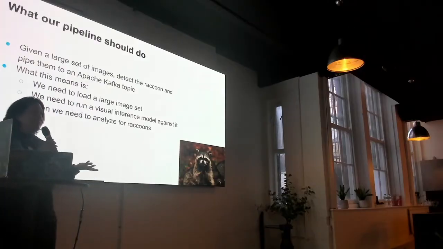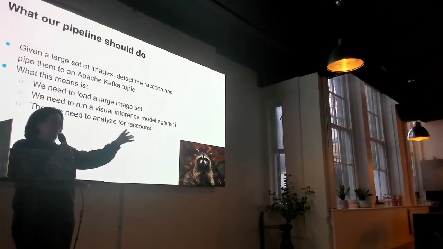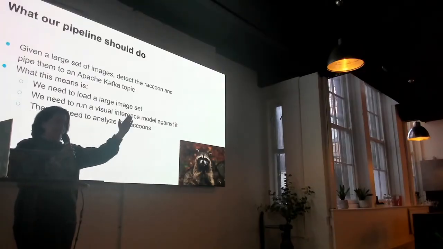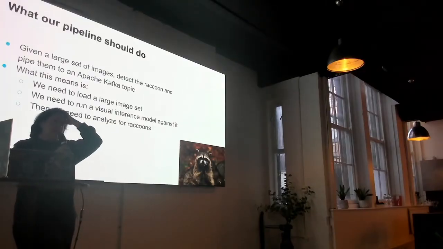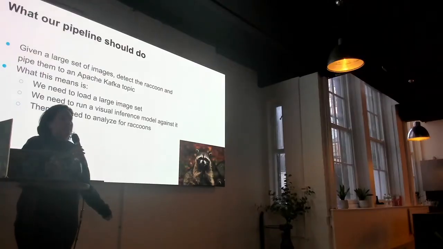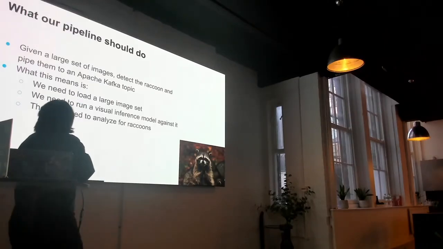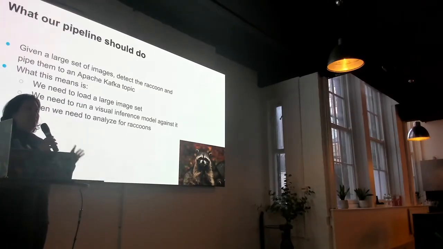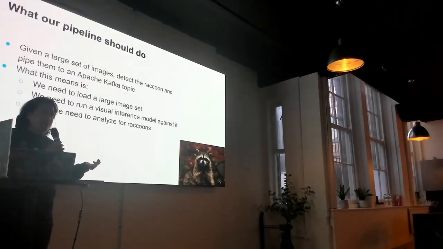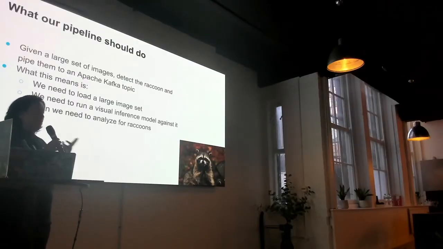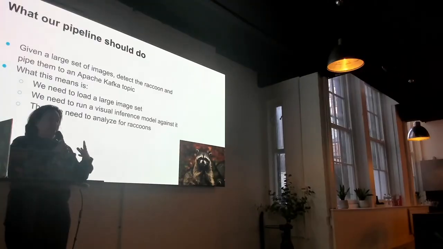So I'm going to send this to an Apache Kafka topic, just to really drive home the point that you want the data to go elsewhere. You don't necessarily have to send it to Kafka, it's just the thing that came to mind when I was building this. So really what we need to get ourselves started is a large image data set. We need to do visual inference against it, so we need a model that we can then train and work with. And then we need to analyze the data set for raccoons.